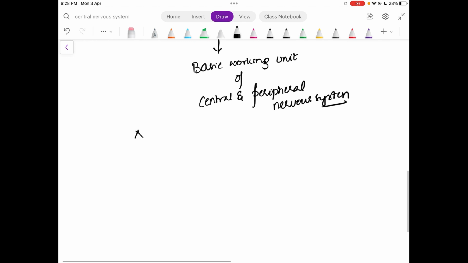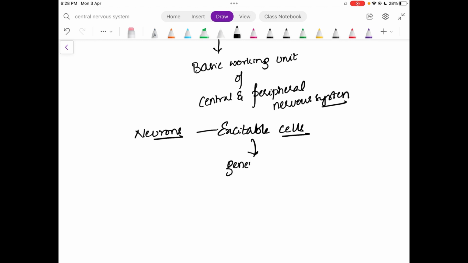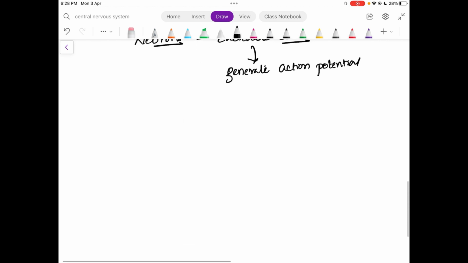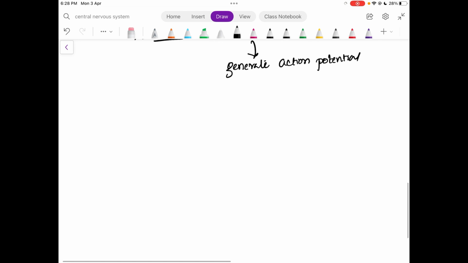These neurons are excitable tissues, excitable cells, so they can generate action potential. Next, we'll see the basic structure of the neuron.